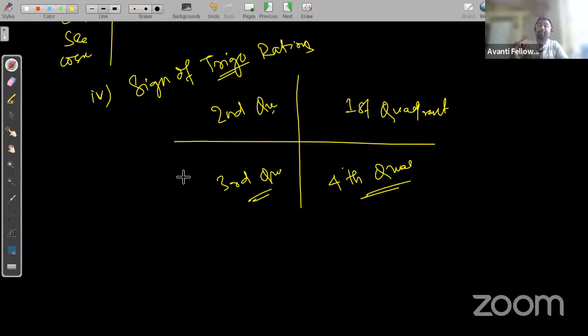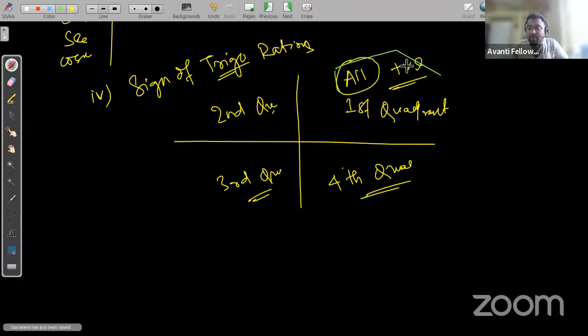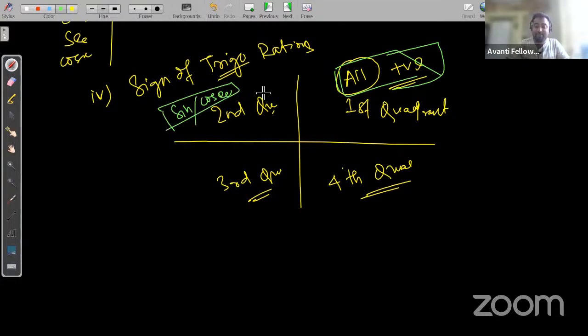We can remember these things. All the trigonometric ratios are positive in the first quadrant. Is it or not? And only sine and cosec are positive in the second quadrant, right?